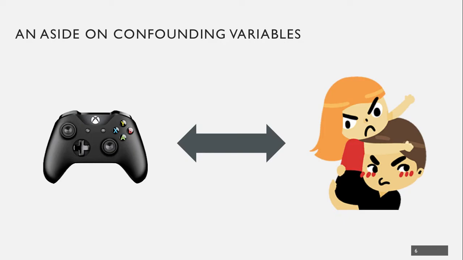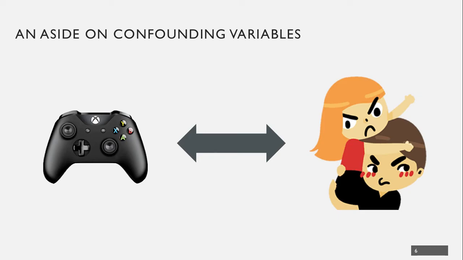For example, what if rather than violent video games causing aggression, it's that people who are aggressive play violent video games? And so your control variable, you would want to control for the levels of aggression before the video game.